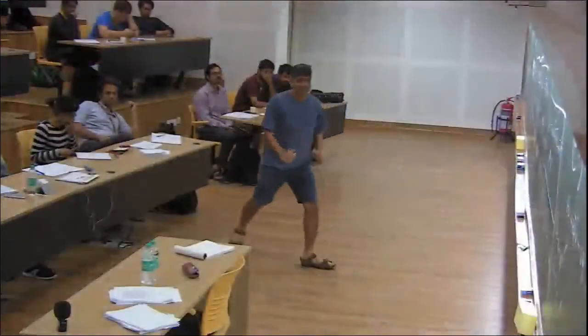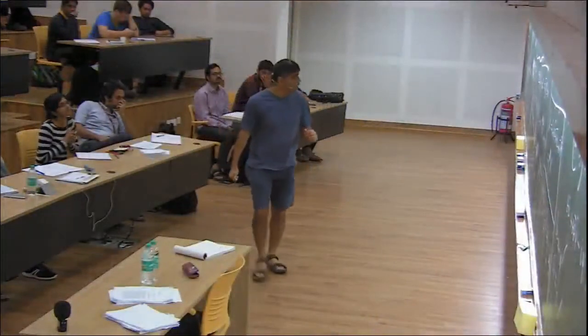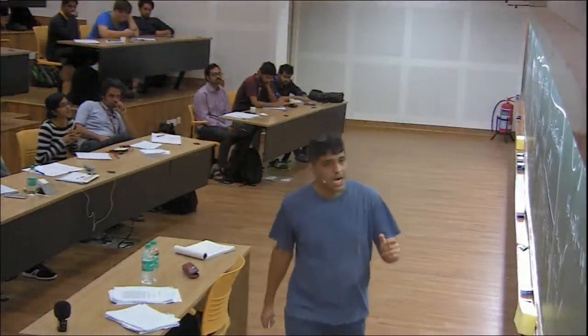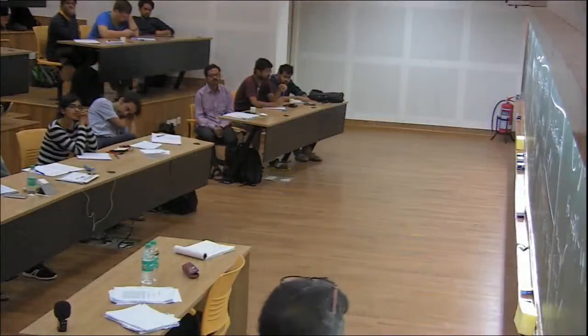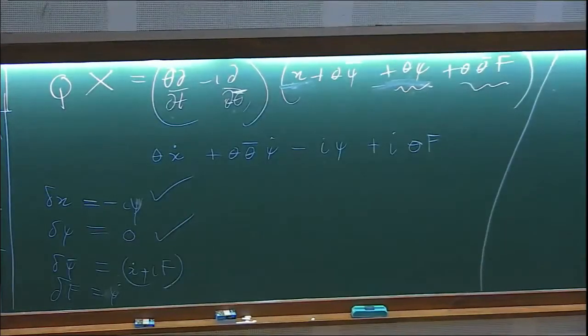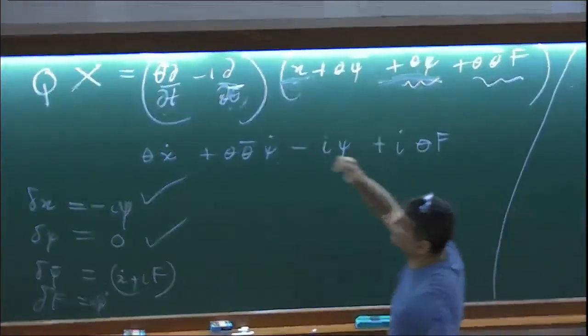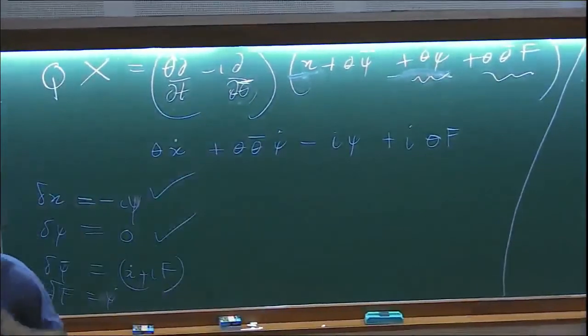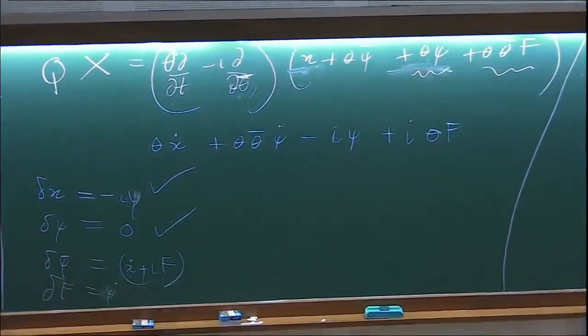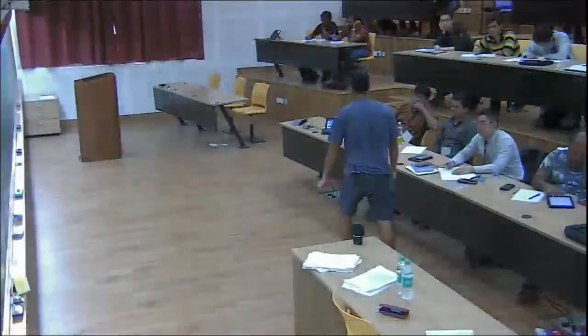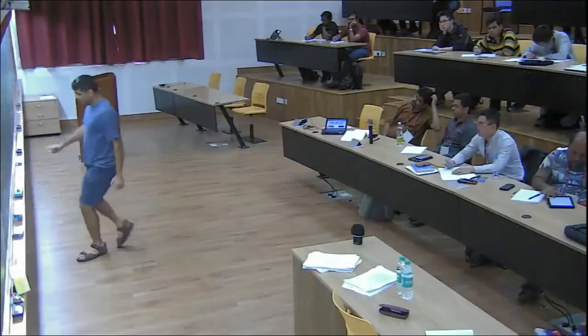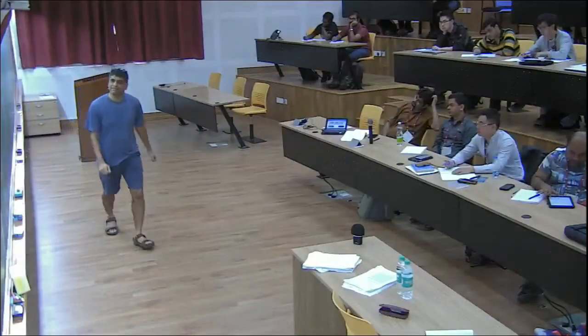Okay, excellent. So now what we're going to do at this stage is try to find a way of writing down a Lagrangian that is automatically supersymmetric. Now, in order to do that, I note the following thing.